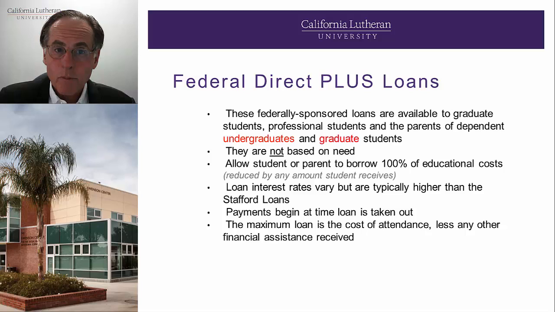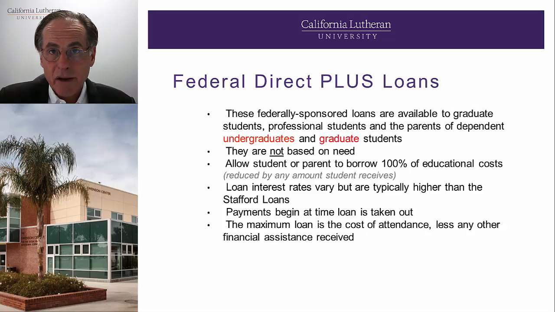The Federal Direct PLUS loans, or PLUS loans, are available to graduate students, professional students, and the parents of dependent undergraduate and graduate students. Need is not an issue in this case. The independent student or parent with the dependent student is able to borrow up to 100% of the cost of the education, less any monies received by the student.